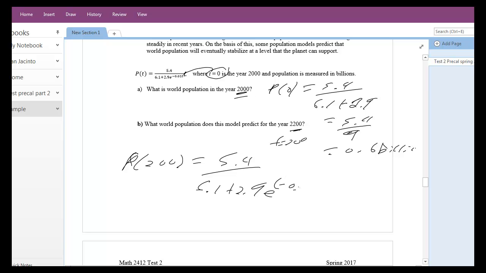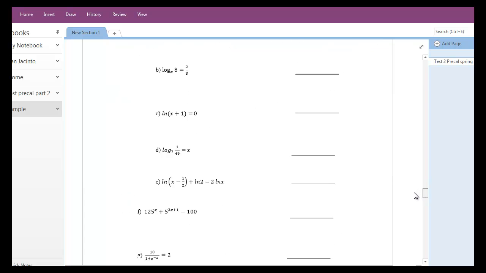Minus 0.02 times 200, which becomes 5.4 over 6.1 plus 2.9, e to the 0.02 times that is 400. Move the decimal back twice, so that should be 4, e to the negative 4. Plug it in, see what you get. I can't remember that answer. I can give it to you later.